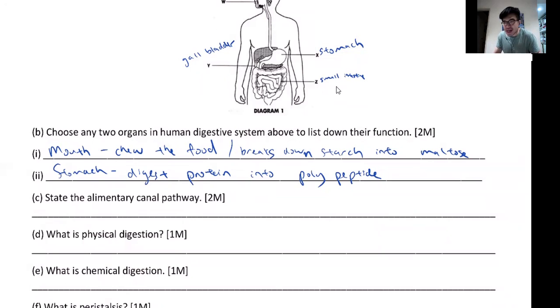They will use an enzyme to break down this protein into smaller protein, and they will just keep breaking and breaking until it gets the smallest. That's your amino acid. Only when it is amino acid, your body can absorb. Anything bigger, your body cannot absorb.